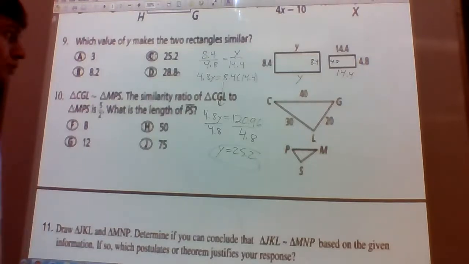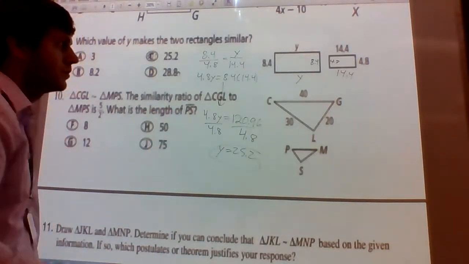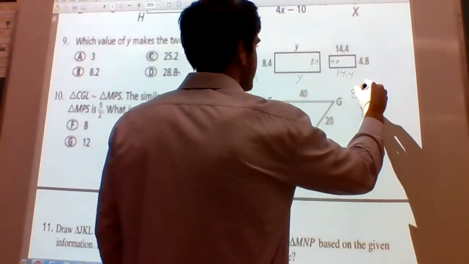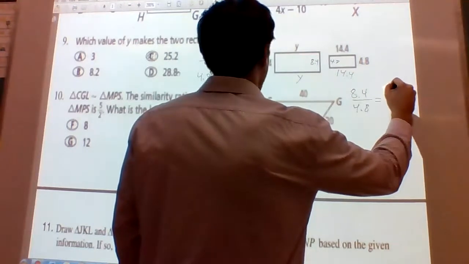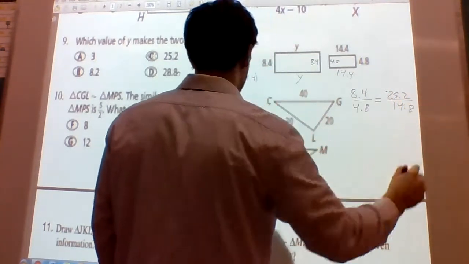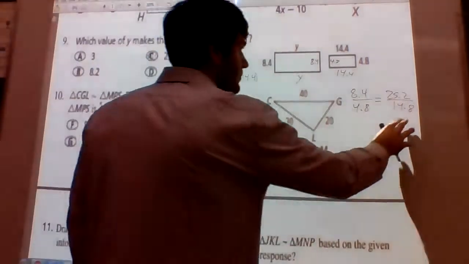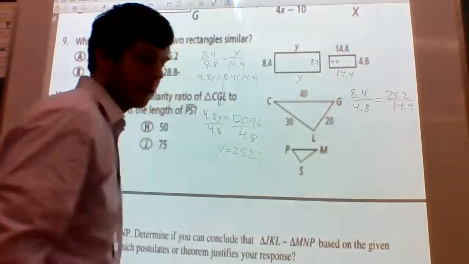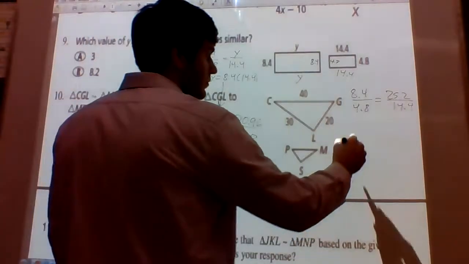Okay, we can plug it in. We should make sure we have the right answer. 8.4 divided by 4.8 should equal 25.2 divided by 14.4. Okay, so 8.4 divided by 4.8 is 1.75.